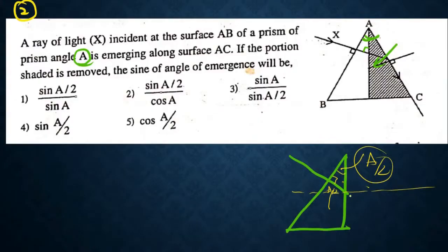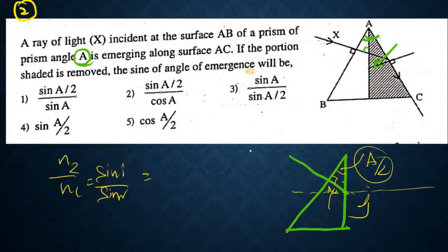And we don't know the angle of refraction, of course. We don't know this. So they're asking angle of emergence, right? So let's write the normal equation. N2 over N1 equals sin I over sin R, right? Actually, we don't know N, right?